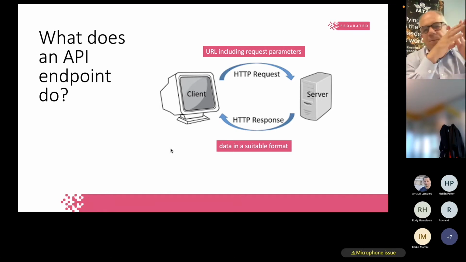This is called an HTTP request. It's a complex word, hypertext transfer protocol, apologies. Anyway, that doesn't matter. It's just a digital request with the URL.